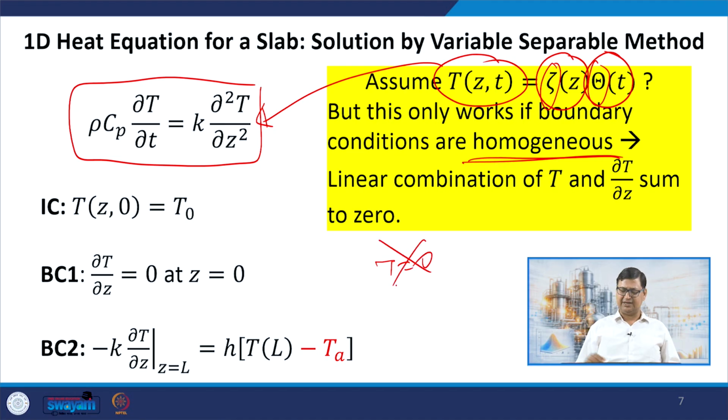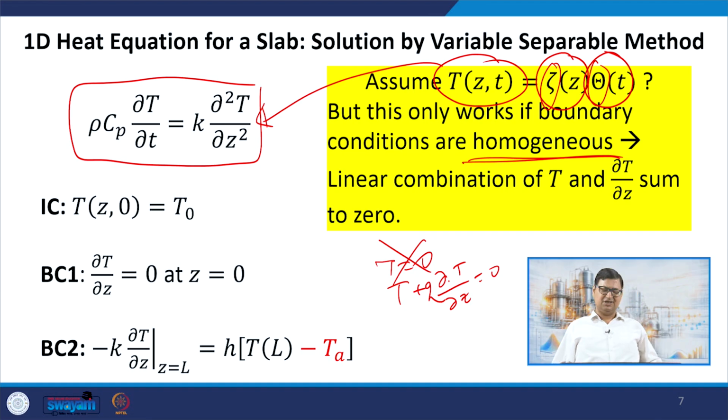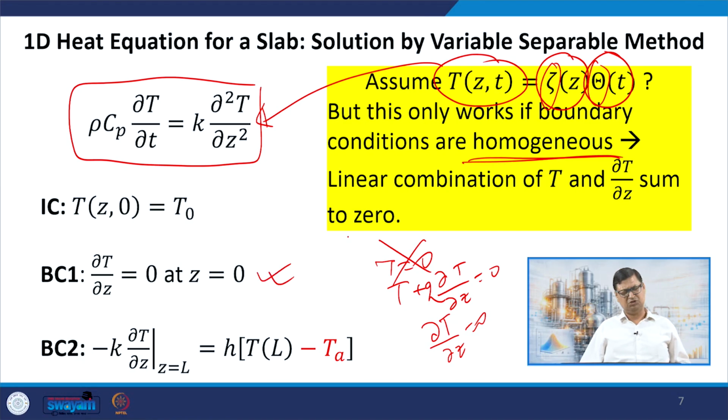That is clearly not the case here. Or something like T plus dou T by dou Z is equal to 0, some linear combination, or T plus twice of this equal to 0, some linear combination of temperature and dou T by dou Z, or something like dou T by dou Z is equal to 0. The first one is already homogeneous, but the second one is not.